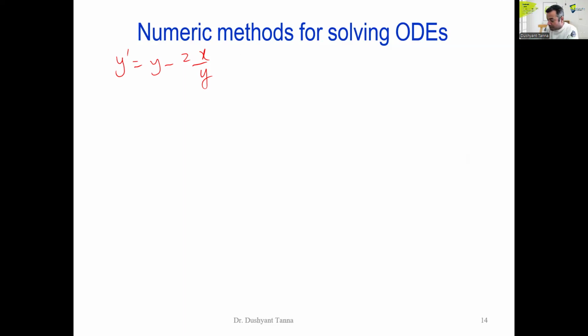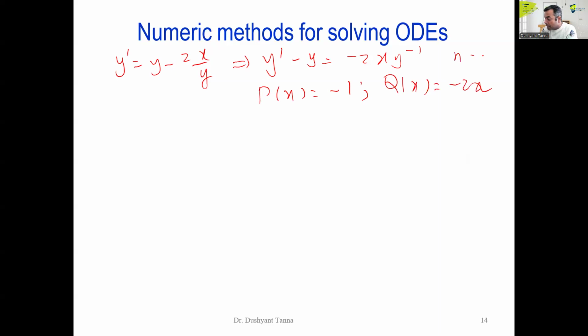If you rearrange it, y dash minus y is equal to minus 2x y power negative 1. You got dy by dx, which is great, but the right-hand side has to be only a function of x along with some y power. Doesn't matter, negative, positive, that's fine. So that's only Bernoulli's method, right? So what is your capital P here? Negative 1. What is your capital Q here? Negative 2x. And your n is minus 1.